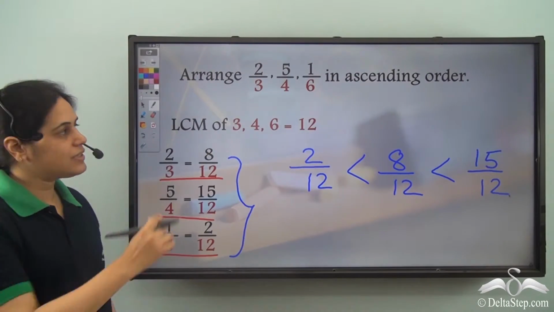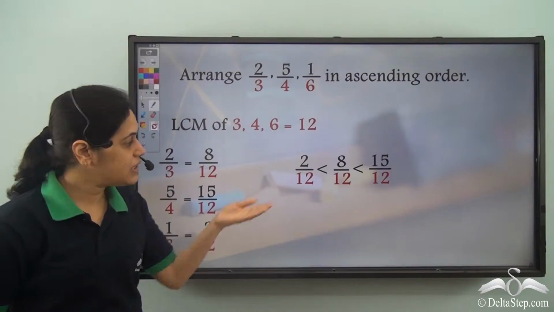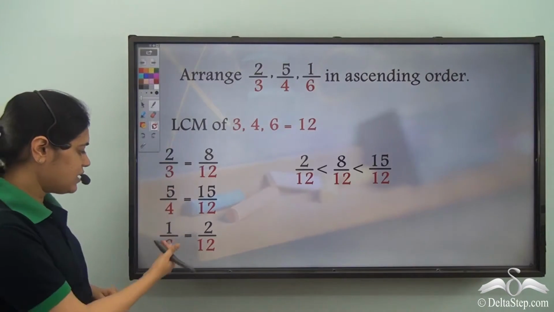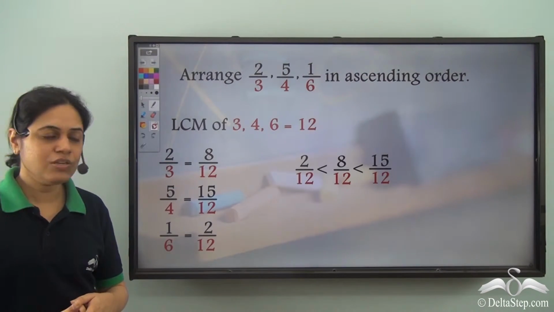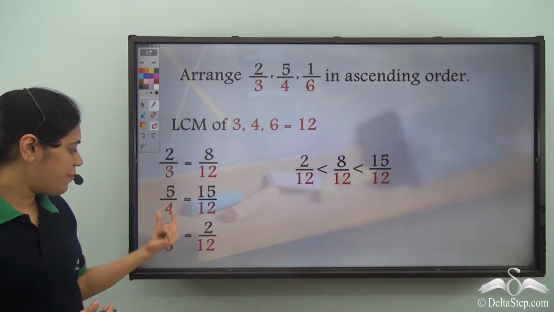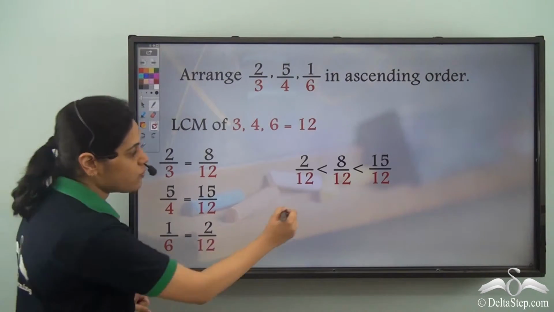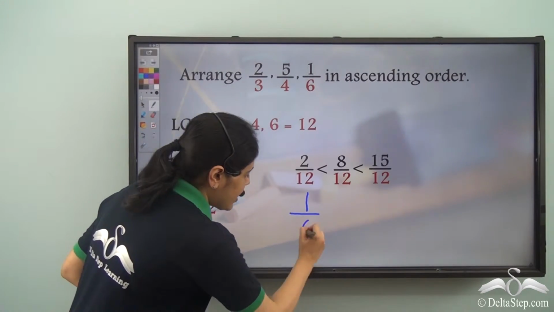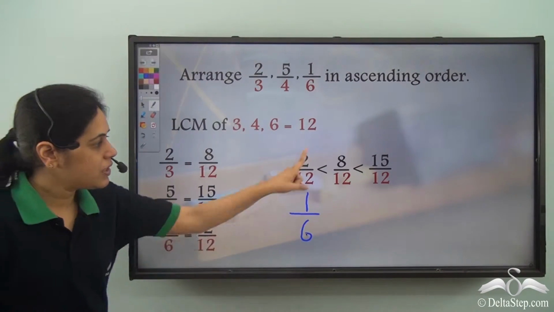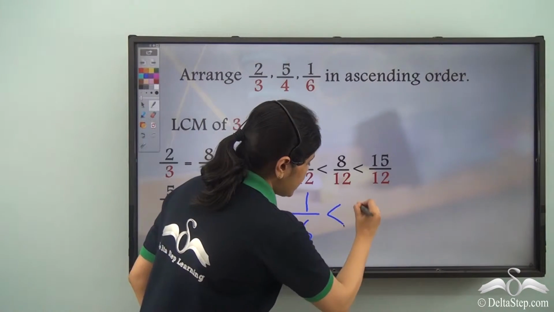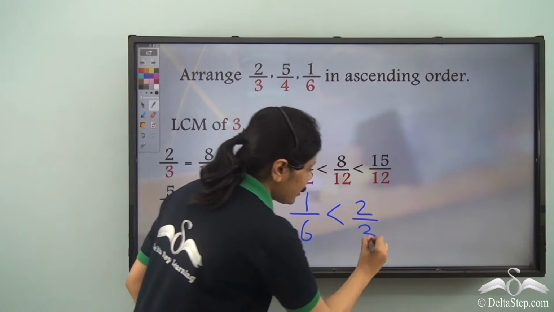So I can write it like this. But these fractions were not given in the question. We had these fractions in the question. So I need to compare these fractions. Now 2 by 12 is equal to 1 by 6, so I can write 1 by 6 here. 8 by 12 is equal to 2 by 3, so instead of 8 by 12, I can write 2 by 3.